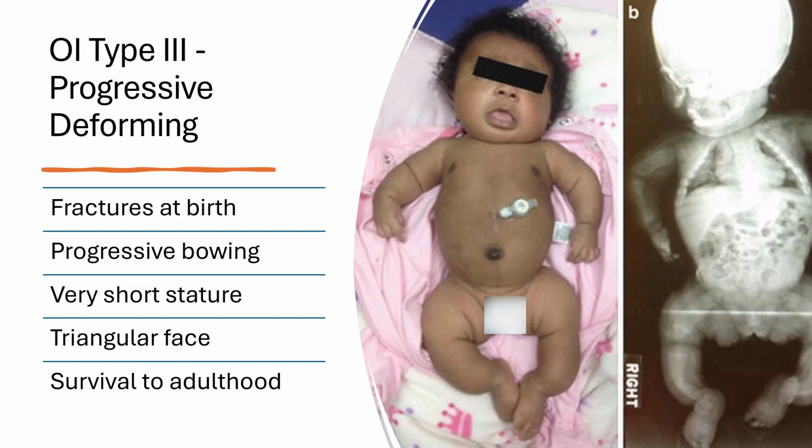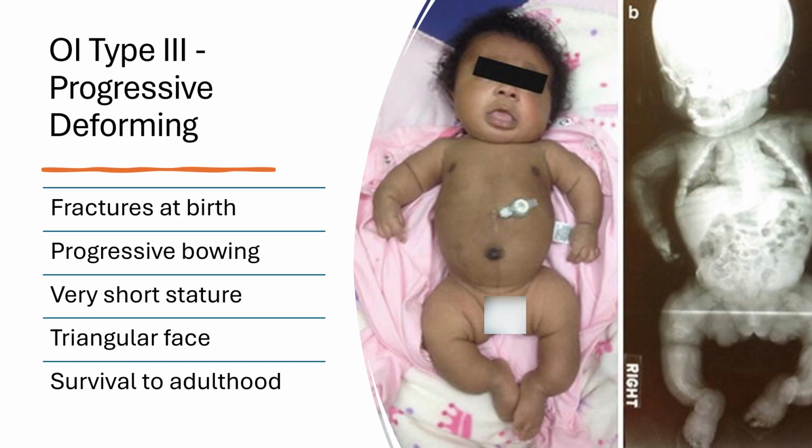The very short stature results from the combination of bone fragility, repeated fractures, and the progressive deformities that prevent normal growth. Think of this as a cumulative effect, where each complication adds to the overall impact on final height and proportion. The triangular face develops as part of the characteristic facial features associated with this condition, reflecting how the collagen defect affects facial bone development.